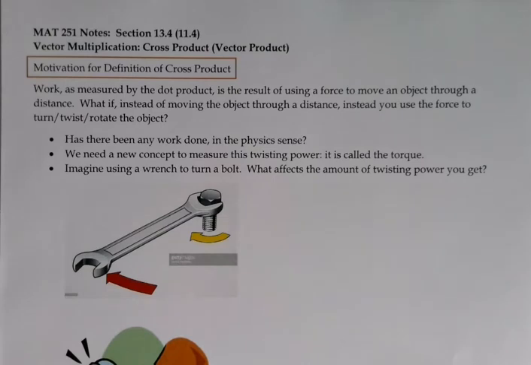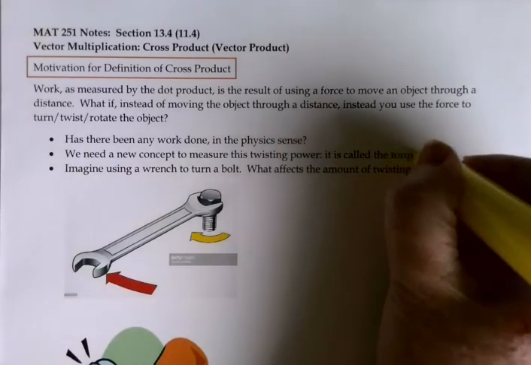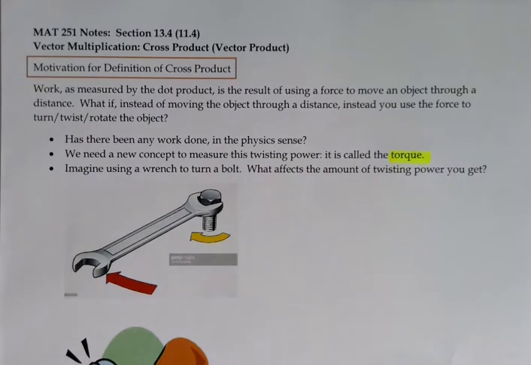So there's not been any work done in the sense of physics, and yet we know we're doing something. So we need a new concept to measure this twisting power, and we call this the torque. It's analogous to the concept of work, but for a twisting motion rather than a pushing or horizontal motion.